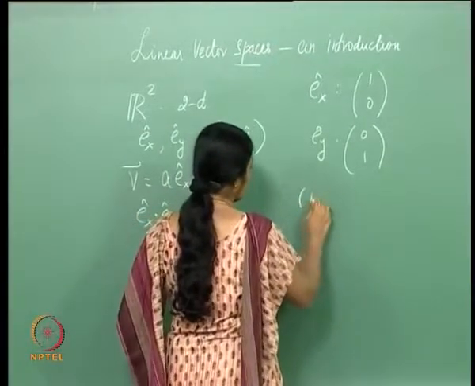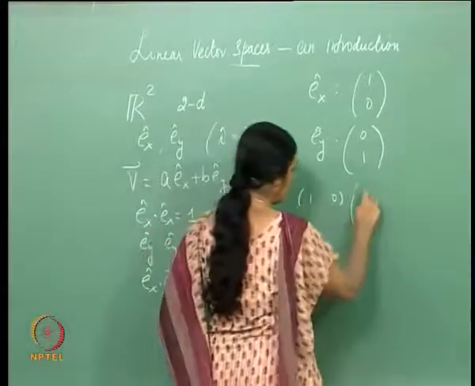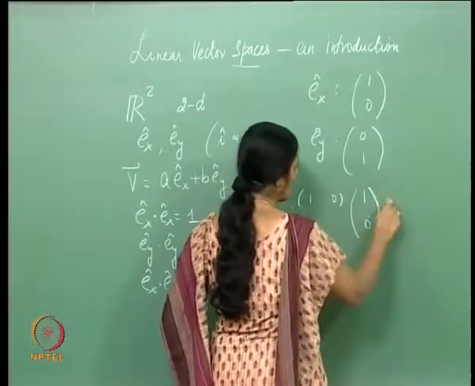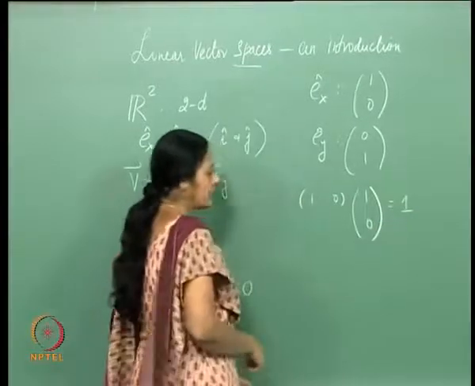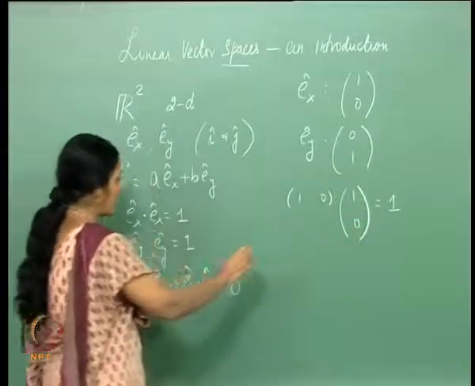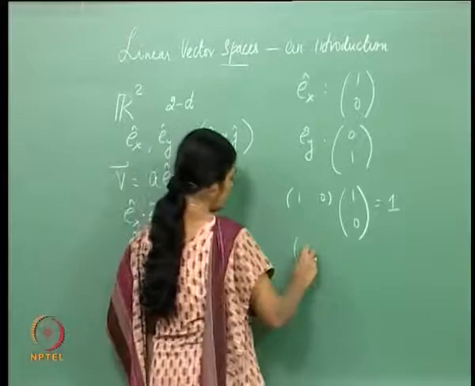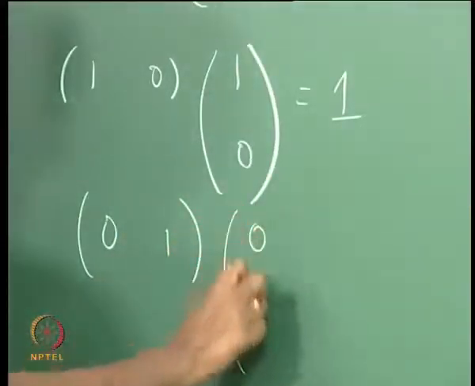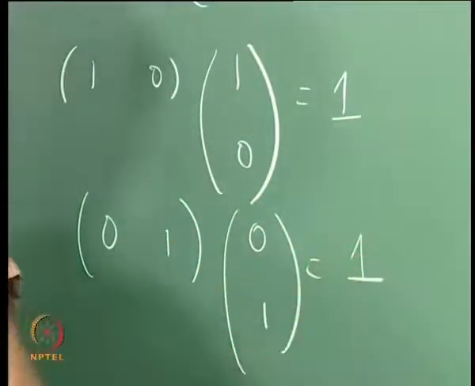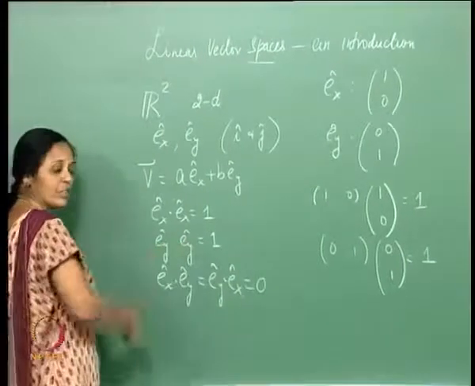Well, certainly if I take the row vector 1 0 and multiply it with the column 1 0, I get 1. So that's the same as saying that Ex dot Ex is 1. Similarly, if I did this, that too gives me 1, and that's the same as saying that Ey dot Ey is 1.